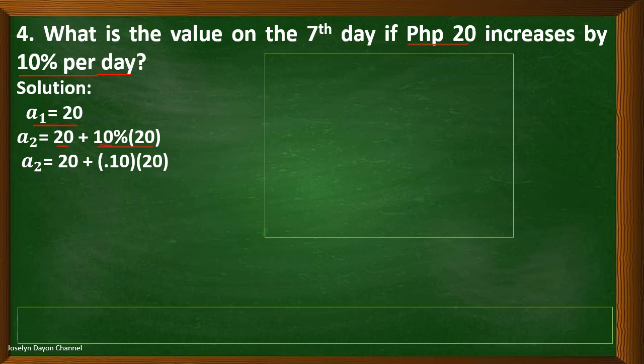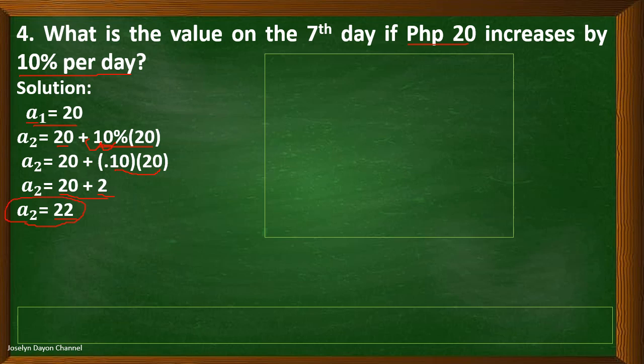So changing percentage to decimals, just move the decimal point 2 places going to the left. So we have 1 and 2. So that is why we have here 0.10. Now multiply 0.10 times 20, and the answer is 2. And then we have to add 20 plus 2. Of course, the answer is 22. So we have now the second term, which is 22.